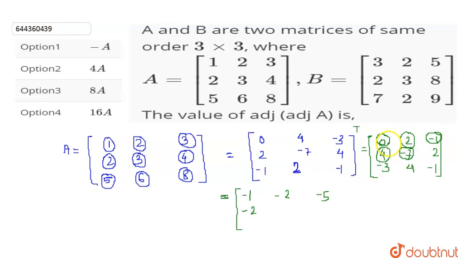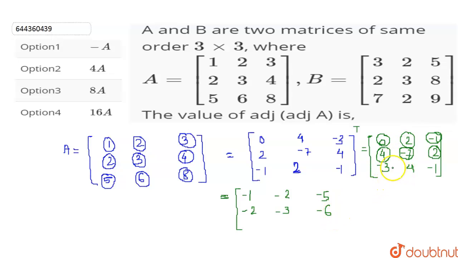So the determinant is 0 into minus 1 minus minus 3 into minus 1, so that becomes minus 3, and there is no sign change, so this remains as it is, minus 3. Now we have to find the value for this matrix, so this becomes 0 into 4 minus minus 3 into 2, so that becomes positive 6, and there is a sign change, so this becomes minus 6.